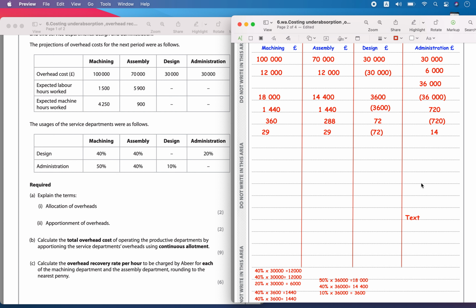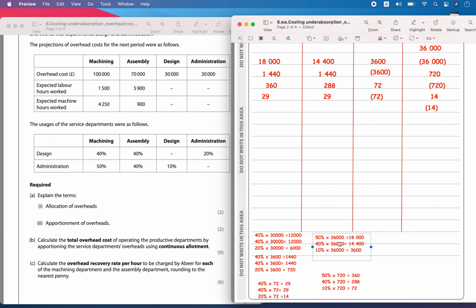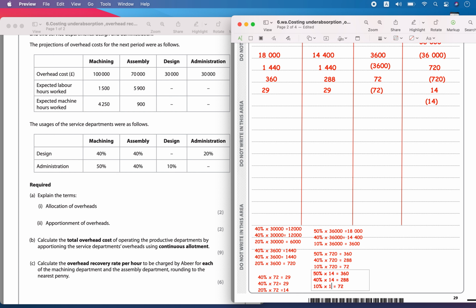Now let's remove this 14, the value we have to remove. This is going to be removed in the ratio of 50, 40 and 10. So let's remove that in the ratio of 14, 14 and 14.